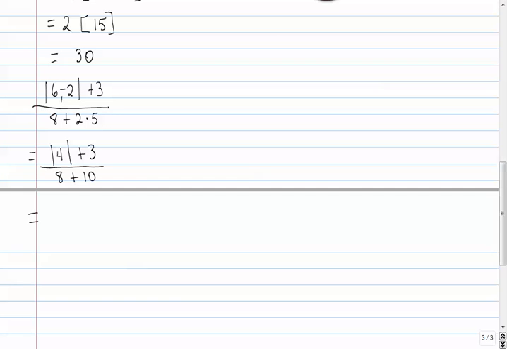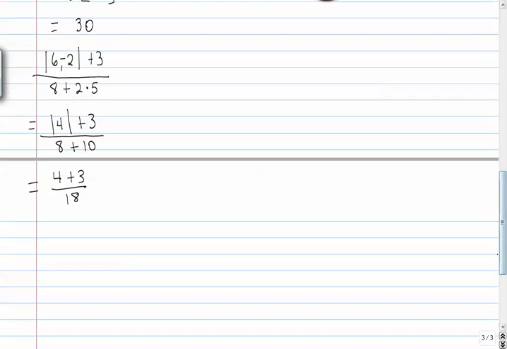The absolute value of 4 is still just 4. So it's 4 plus 3 over 18. And then add what we have in the numerator. 4 plus 3 is 7. So we get 7 over 18. That cannot be simplified, so that's your answer, 7 over 18.